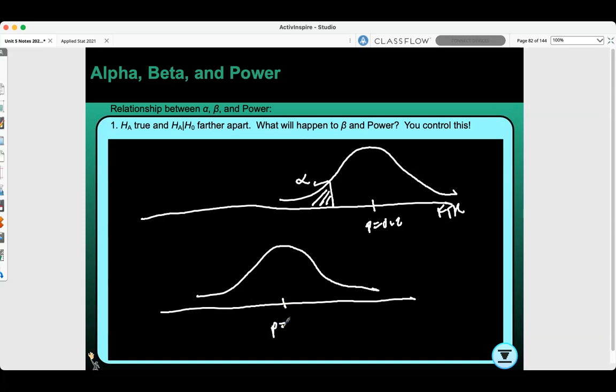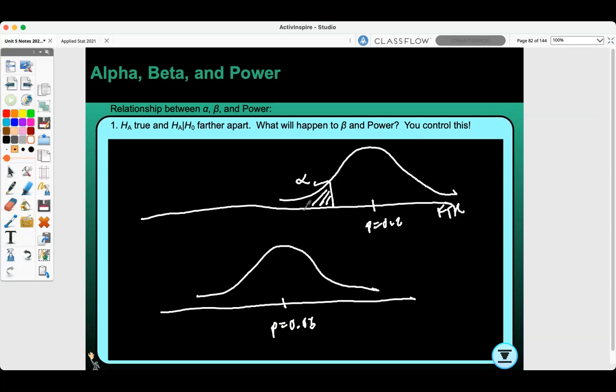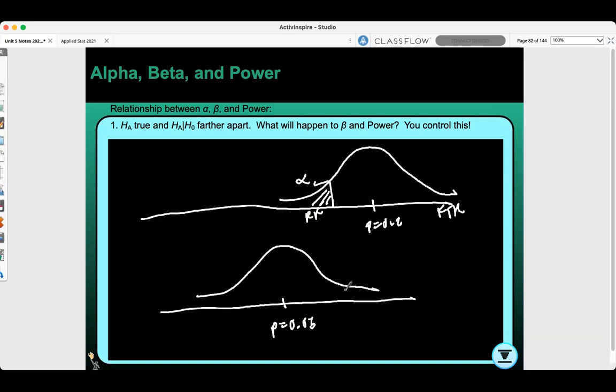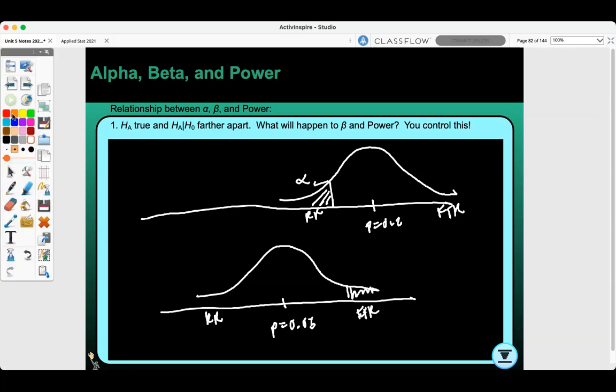Meaning our p value gets even smaller because it's further away from it. This is your rejection region. So this right here would be your fail to reject region. And this would be our rejection region. So what happens to all this?